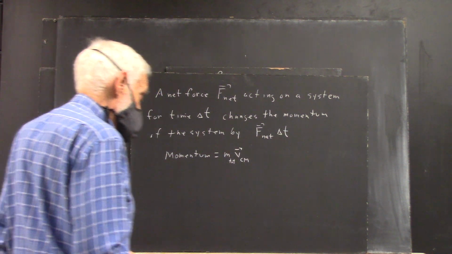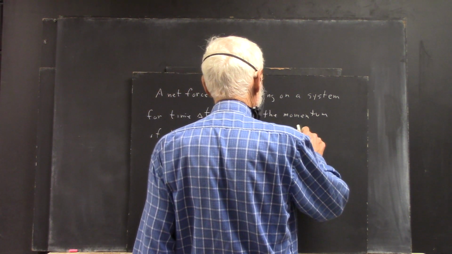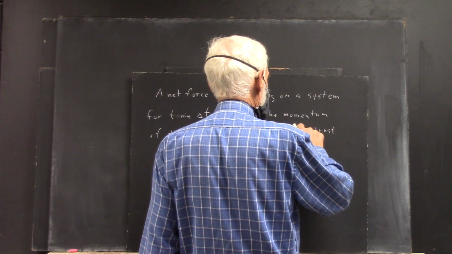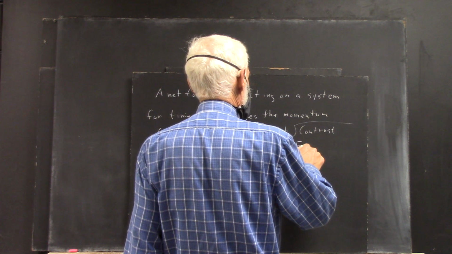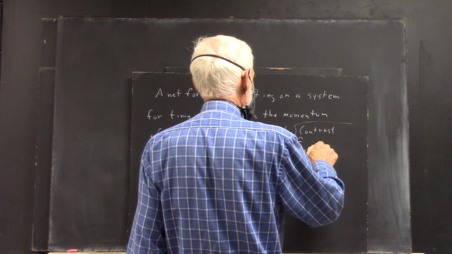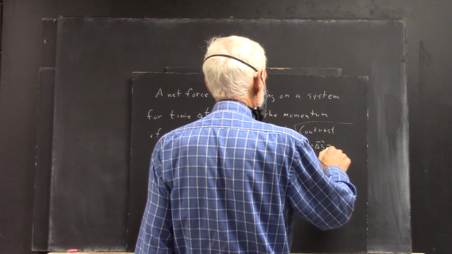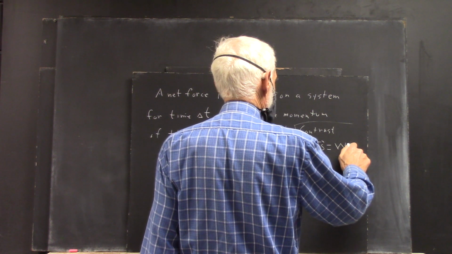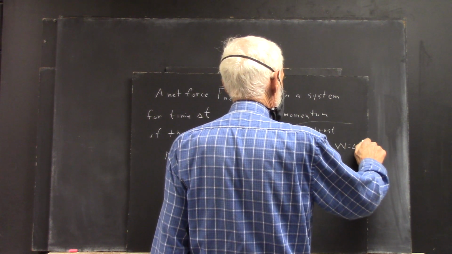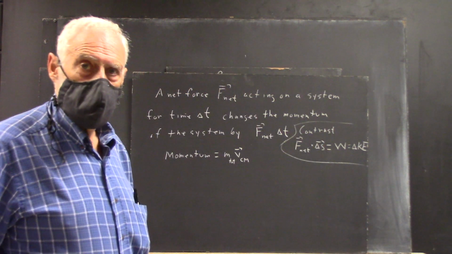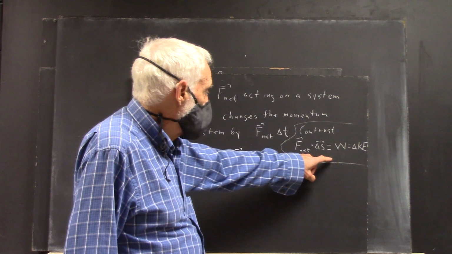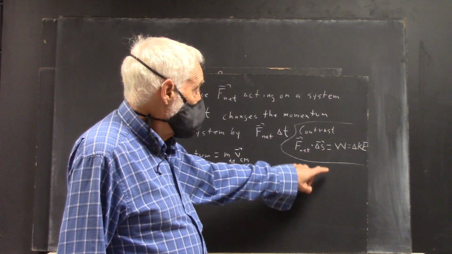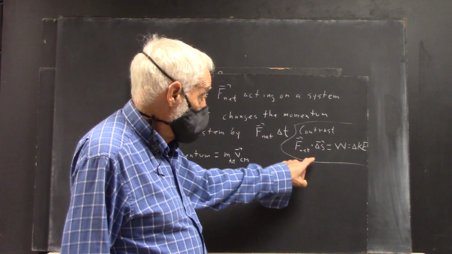Now contrast this. We want to contrast this with the idea that work is F net times delta S. And it's not times delta, it's F net dot delta S. It's not a vector quantity, because when you do a dot product, you don't get a vector.